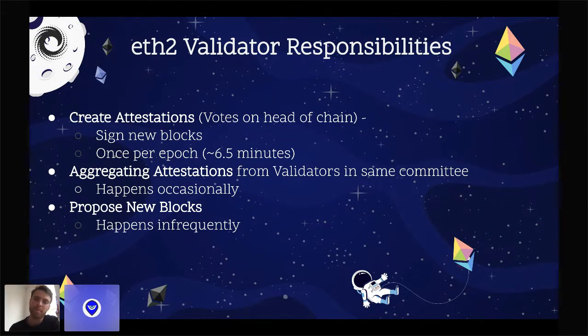This happens once per epoch, which is around every 6.5 minutes. Inside of that process is also aggregating attestations from validators in the same committee. This happens occasionally. The other primary one is to propose new blocks, and this also happens infrequently. We'll get into these in more detail as we go through.